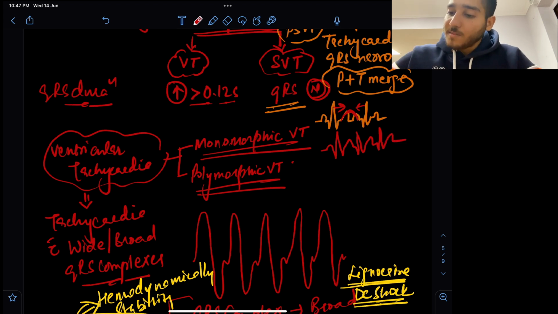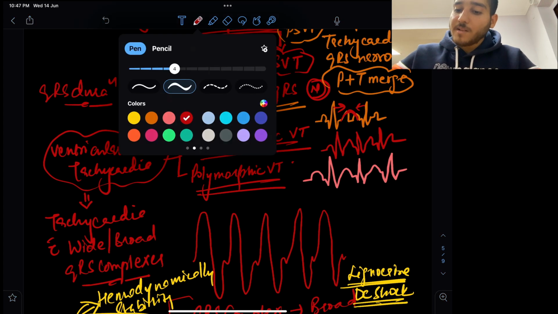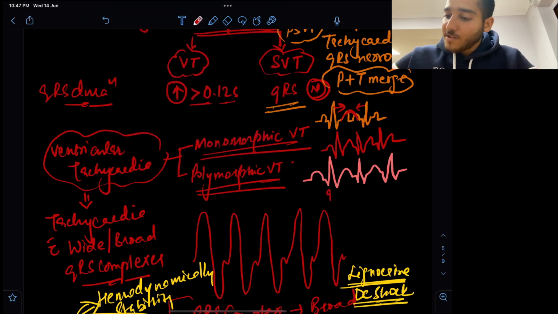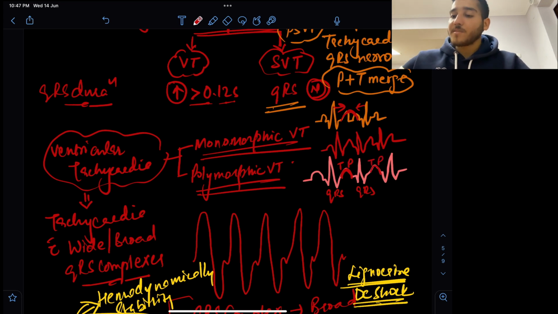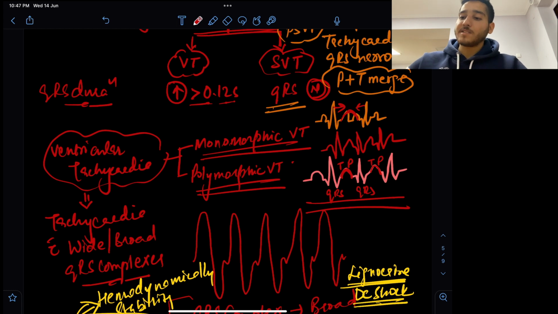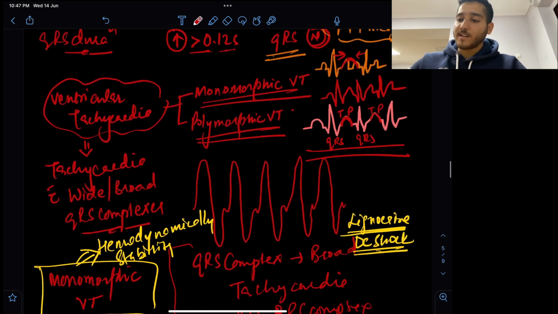So this will be the ECG for it. What happens in PSVT is we get a QRS complex, and then this complex, which is made by merging of T and P wave. And we call it PSVT, paroxysmal supraventricular tachycardia.